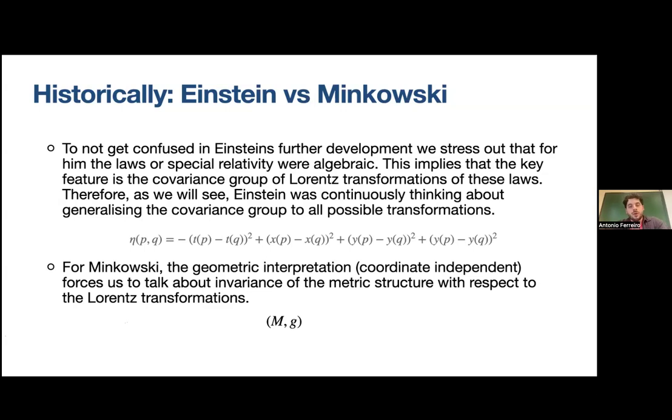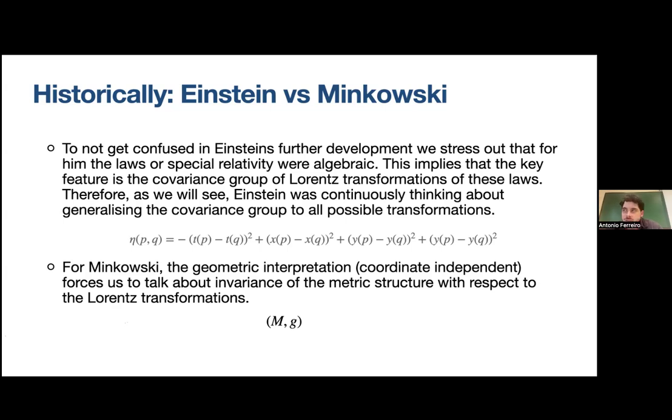One thing that I want to stress, and this is historically important because it can lead to confusion, is that for Einstein, his laws, both in special relativity and also in general relativity, as we will see, were mostly algebraic. What we mean by this is that he was really thinking of given equations written in some coordinates, and of how the different equations or dynamical laws transform under given coordinate transformations.